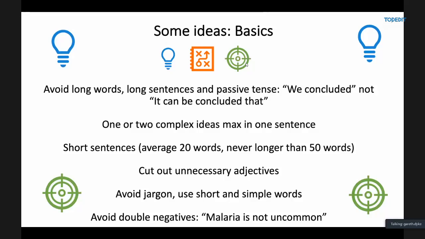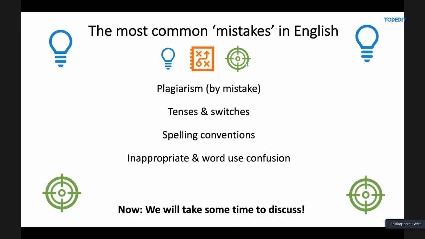Cut out those unnecessary adjectives. We're going to come back to that in a minute. Avoid the jargon. Use short and simple words. And don't use double negatives. Double negatives are actually very common in people's writing, but you can cut them out by thinking about the structure of your sentences. Another topic that we're going to come back to and talk about in a moment.